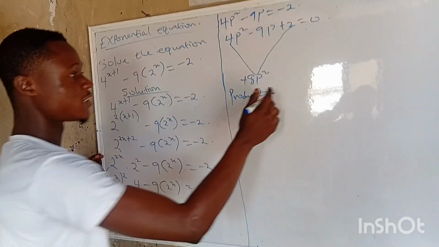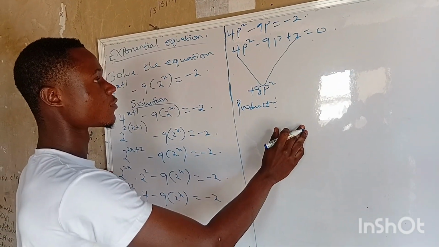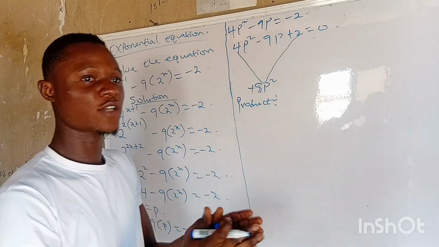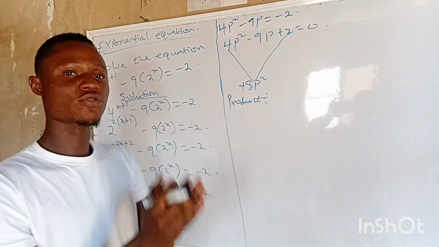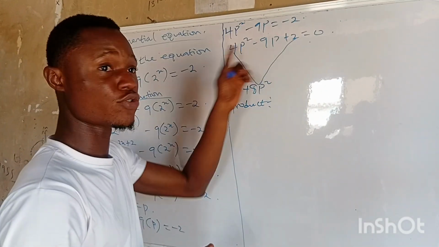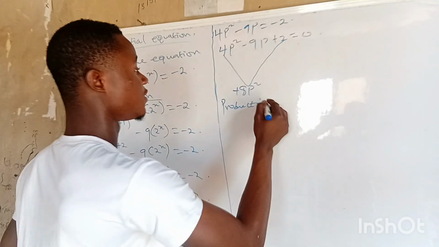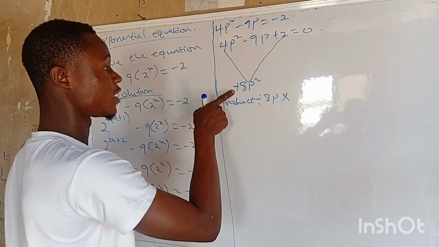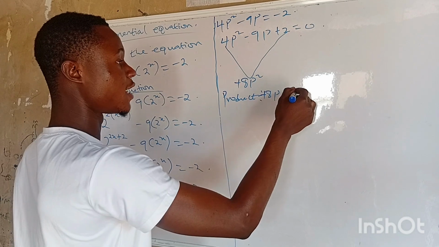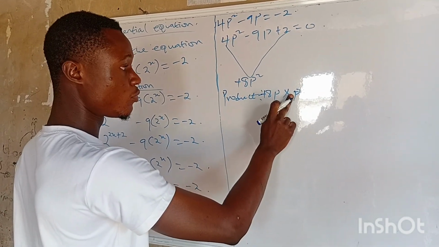Since we are looking at the product, 4 and 2, although it can give us 8, 4 plus 2 can't give us 9, so we can't use it. So let's use 8 and 1. That's 8p times p, because this is having an invisible plus, don't forget.